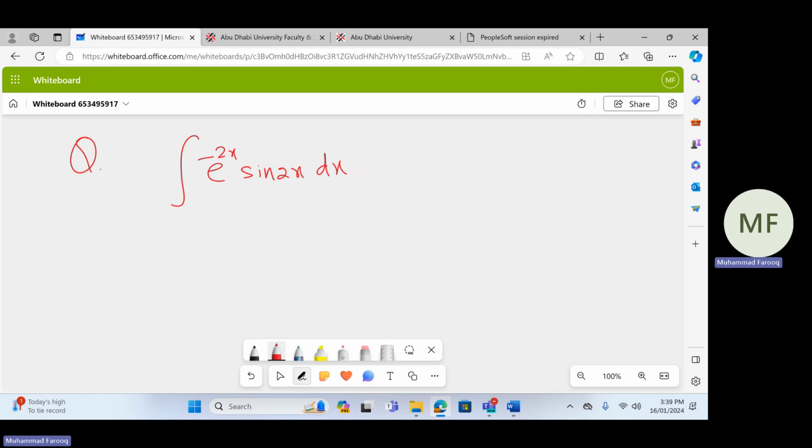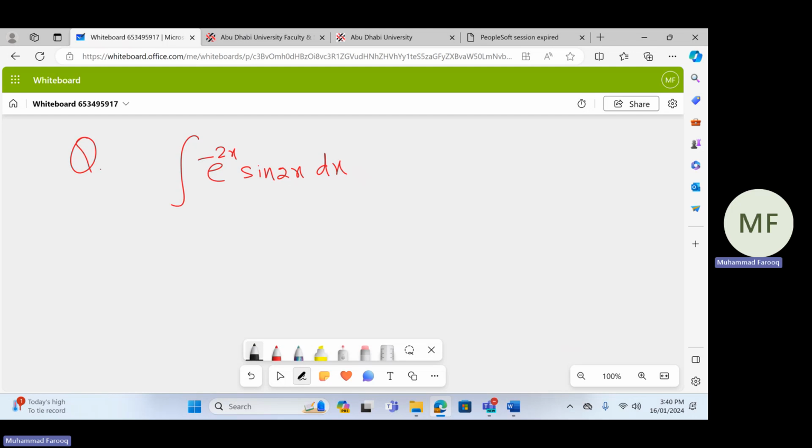Exponential, it has e power minus 2x. Generally, if you integrate e power minus 2x, you need substitution, you take the power as u. But by parts is already very lengthy, and if you apply substitution during this process, it takes too much time. So why not use a shortcut before we start integration?